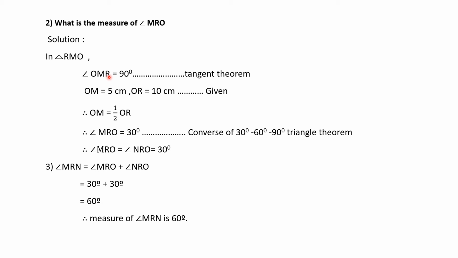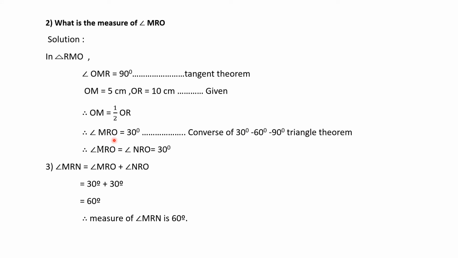When the side is half of the hypotenuse, then the angle opposite to it is 30 degrees. So therefore OM is equal to half of OR. Therefore angle MRO is equal to 30 degrees by the converse of the 30, 60, 90 degree triangle theorem.